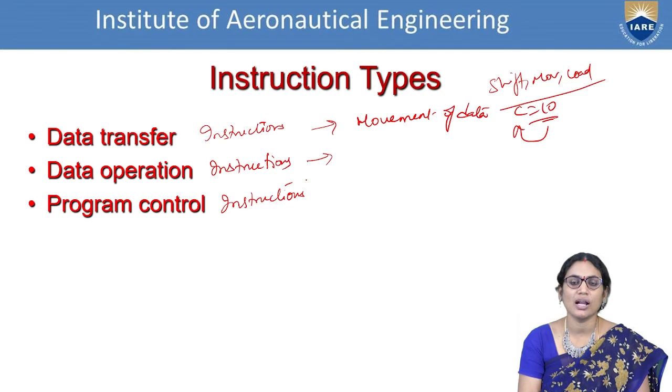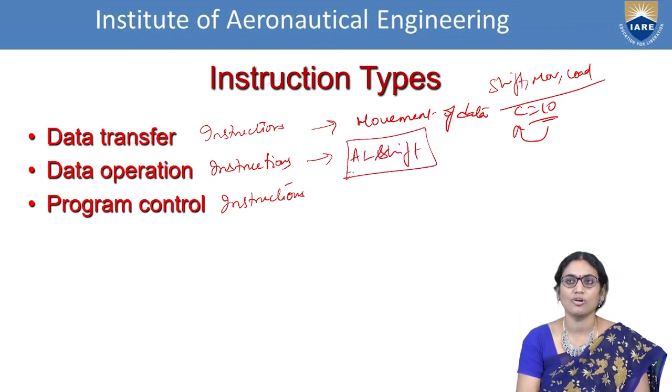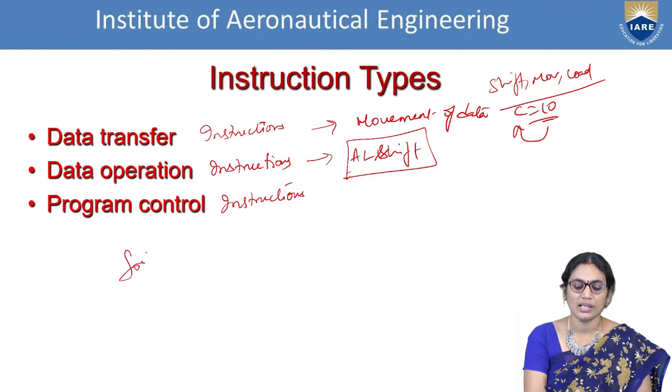It is intended for handling the basic arithmetic, logic, or shift operations. So basic arithmetic, logic, and shift operations will come under data operation instructions. The final one is program control instructions. If I am writing statements like for i equals 0, i less than n, i plus plus, sum equals sum plus i.